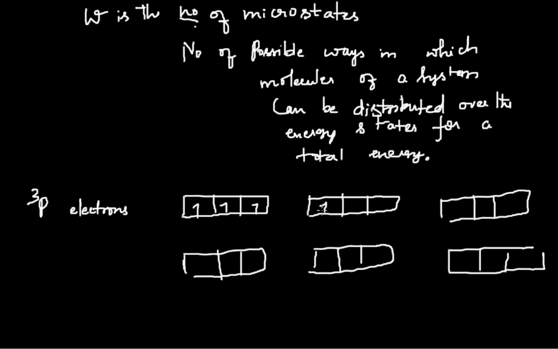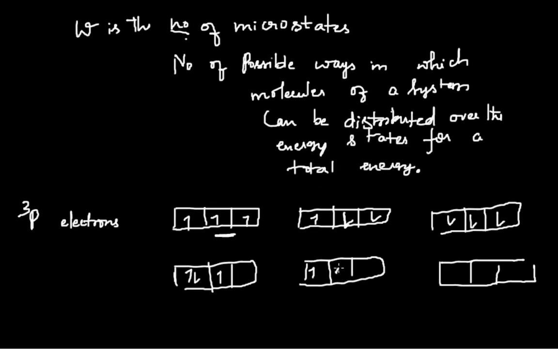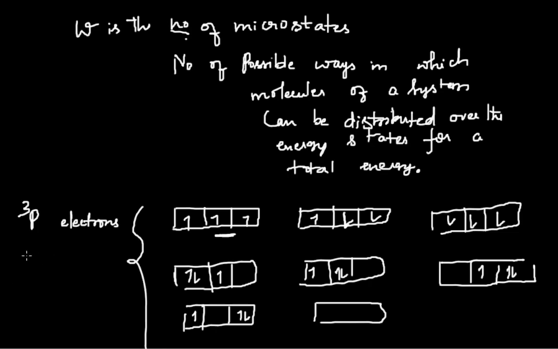It's not that one is correct; we have taken this to be the correct way of filling the electrons, there is a rule for it. But what are the possible ways? You can fill like this, like this, or like this. So there are n number of ways. These are called different microstates, different possibilities.